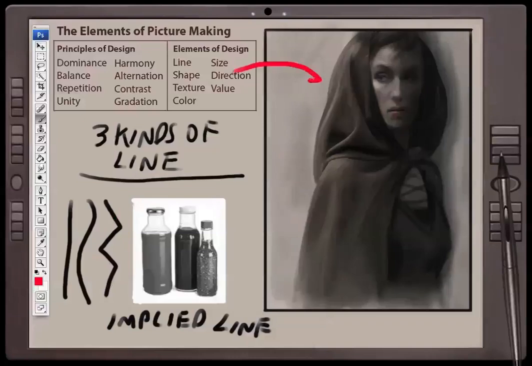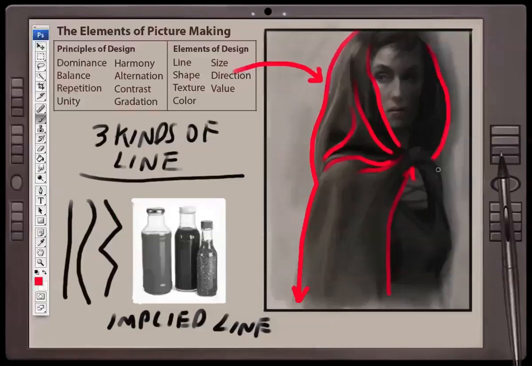So therefore, this edge here of this painting is an implied line, as well as other edges like this edge and the edges of the folds here. These are all implied lines. And this edge. And the eye follows these implied lines of the edges of shapes.